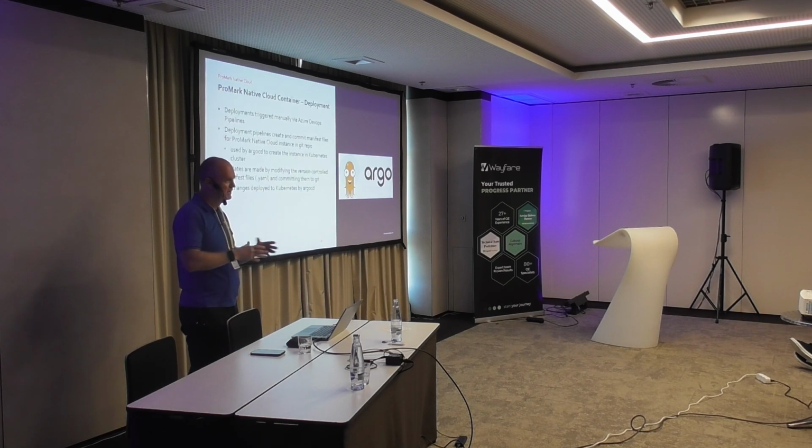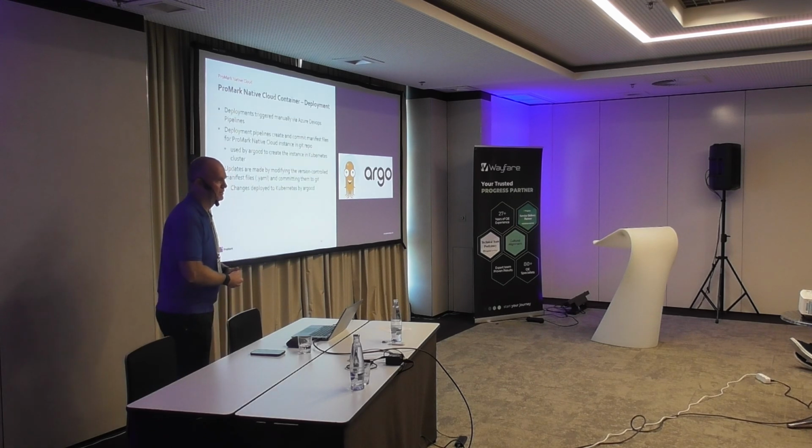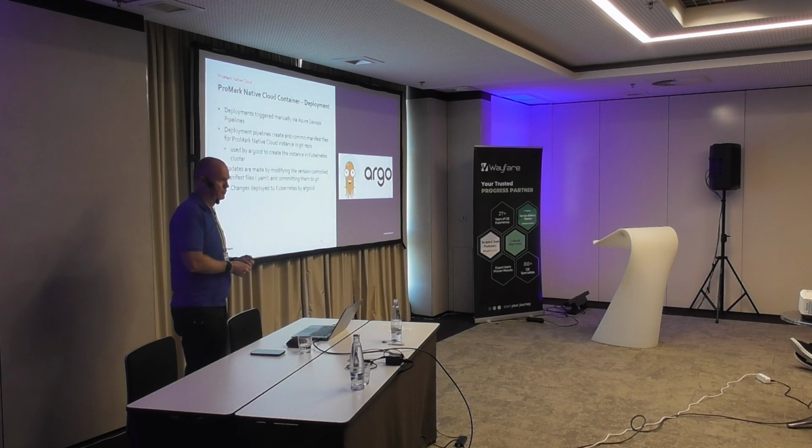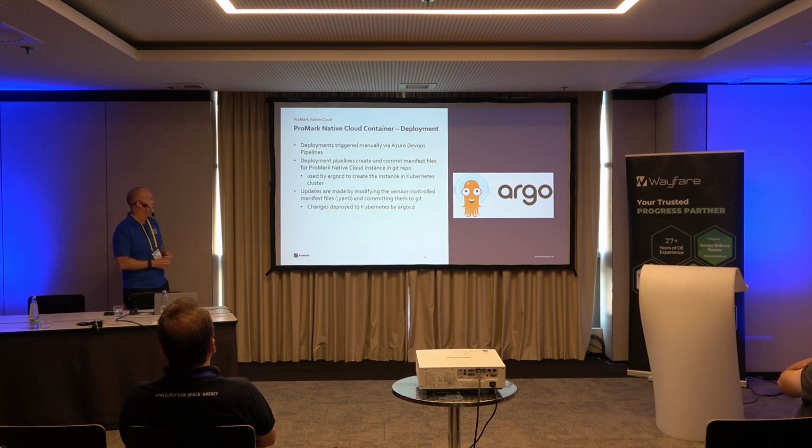Helm charts and Compose files are both YAML files, and they basically contain the recipe for the deployment of your application. So we have a Helm chart for the ProMark application, and we manage that in Git as well. So we actually have different branches, different version numbers, and so on for the Helm charts as well.